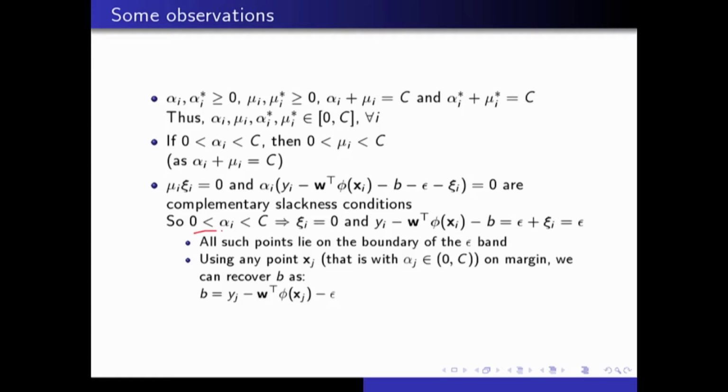Summarizing our discussion from before, all points with alpha between 0 and C are points on the boundary of the epsilon band, and using any such point x_j on the margin, we can recover b. So b is nothing but y_j minus w transpose phi(x_j) minus epsilon for any single specific index j with alpha_j between 0 and C.